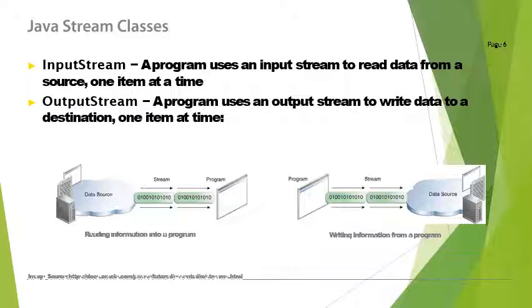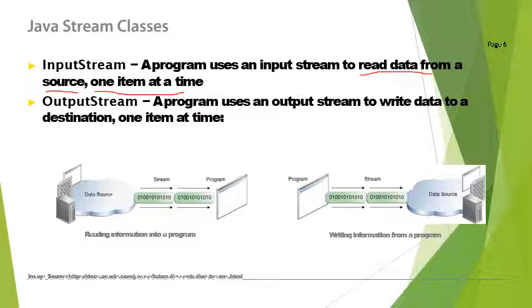Stream classes can also be divided into input stream and output stream. An input stream is used to read data from a source, and it can read a single item at a time.